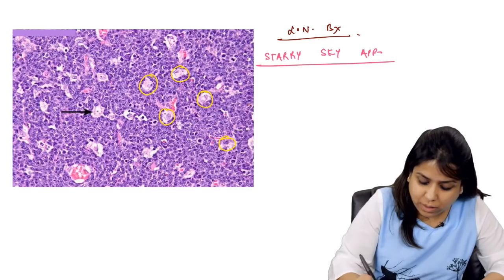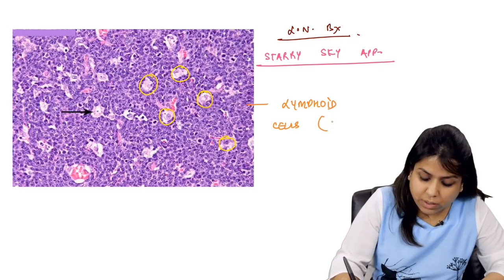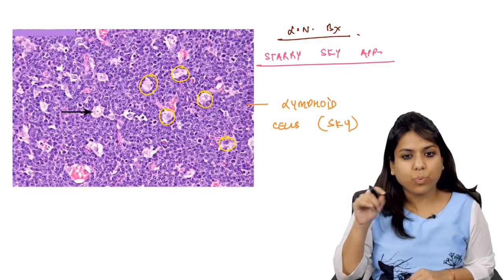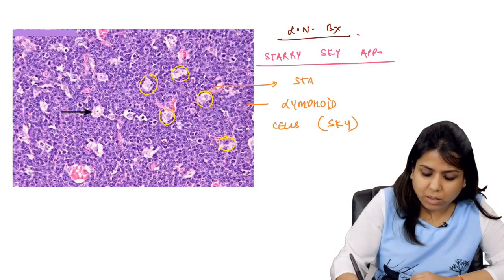These blue colored lymphoid cells, they form the sky, and these cells which are whitish open, they look like the stars.